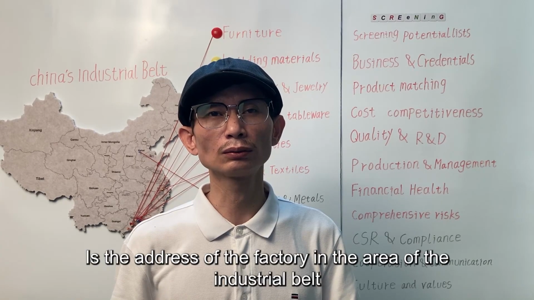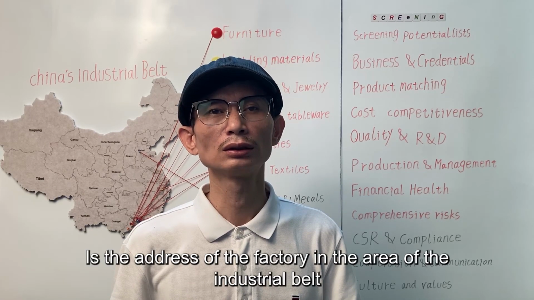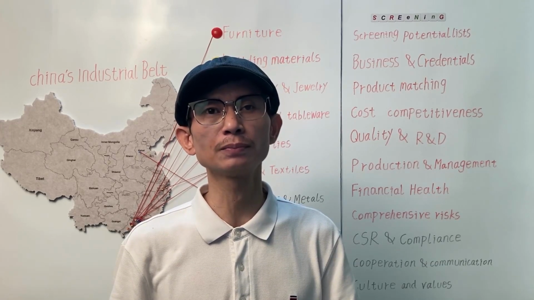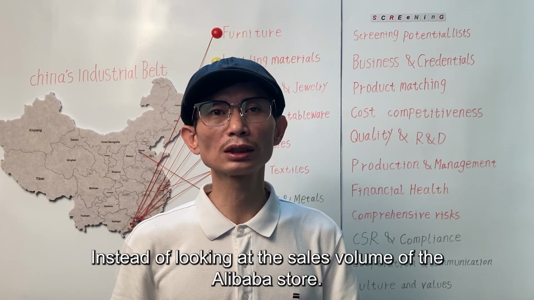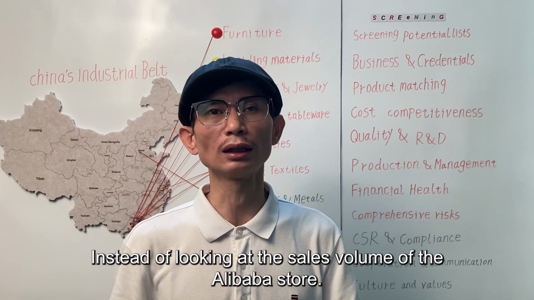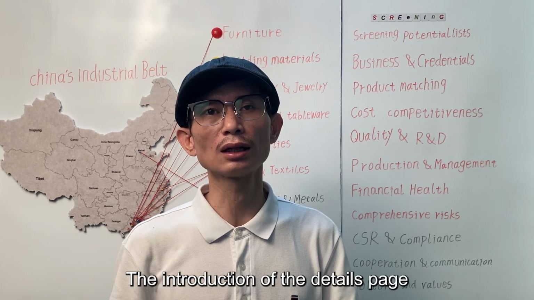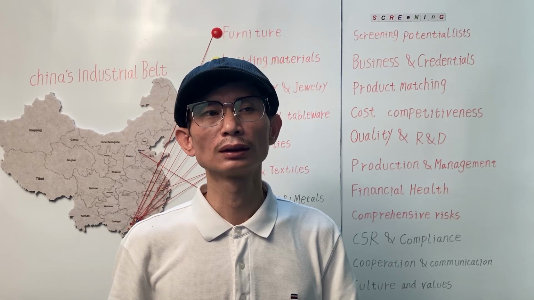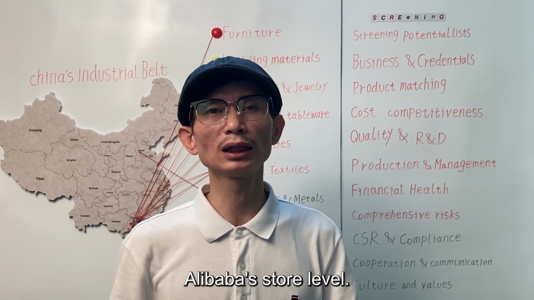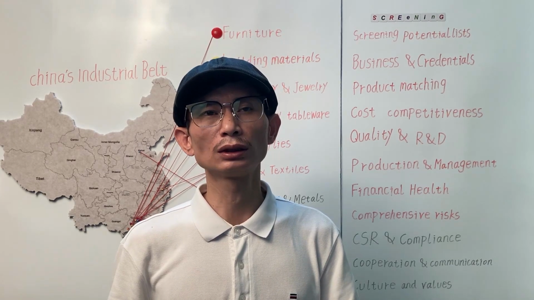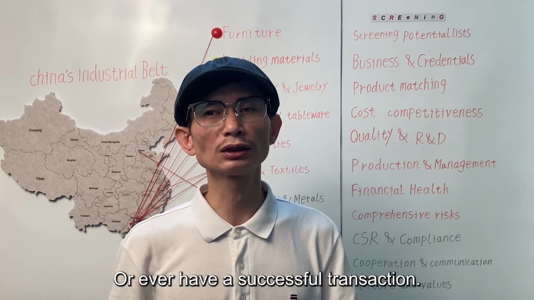Is the address of the factory in the area of the industrial belt? Instead of looking at the sales volume of the Alibaba store, the introduction of the details page, Alibaba's store level, or ever have a successful transaction.